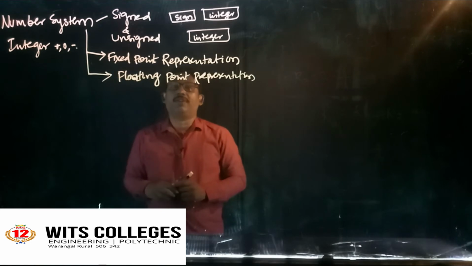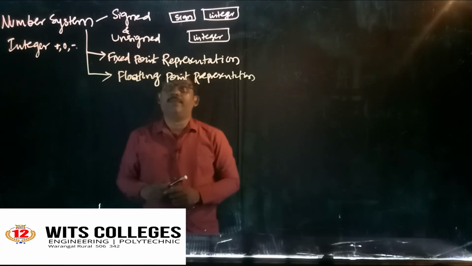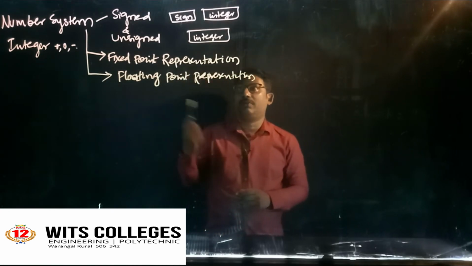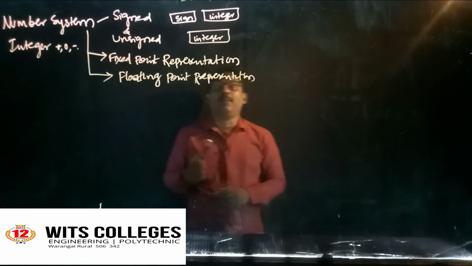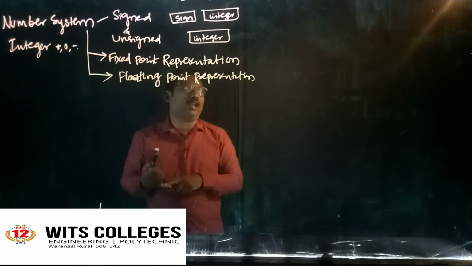In fixed point representation we have the integer, and in floating point we have the sign and integer. In floating point also we have signed floating point and unsigned floating point.